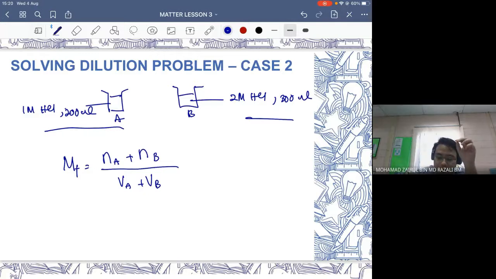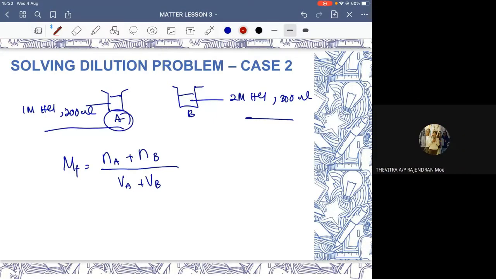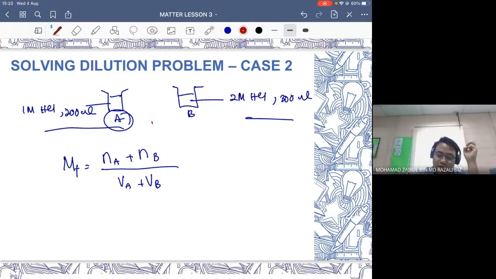Okay, macam mana nak cari number of mole untuk beaker A ni, macam mana nak cari number of mole dia? MV over 1000. Okay, MV over 1000. Okay, the reason kita divided by 1000 because we want to convert the milliliter to liter.